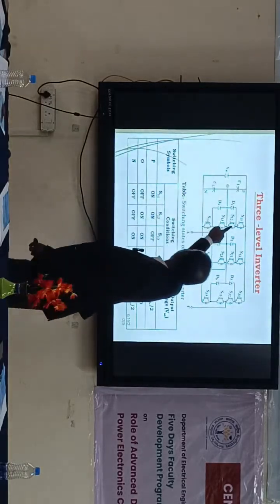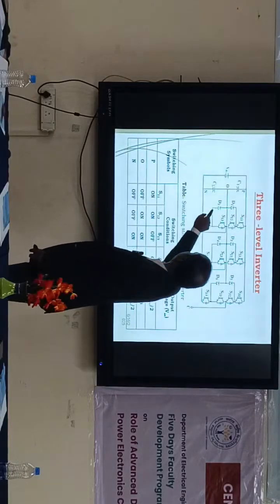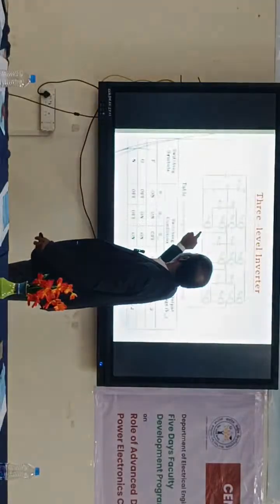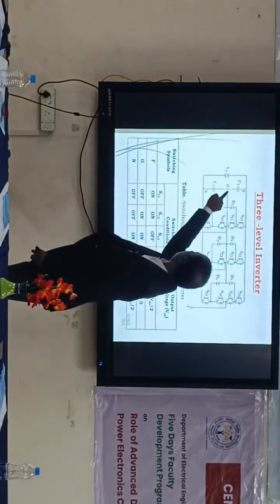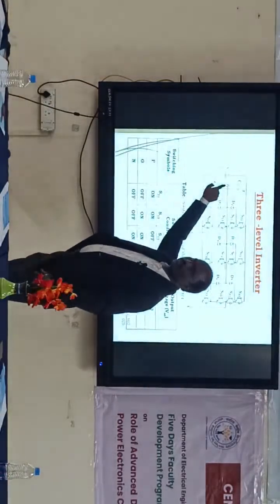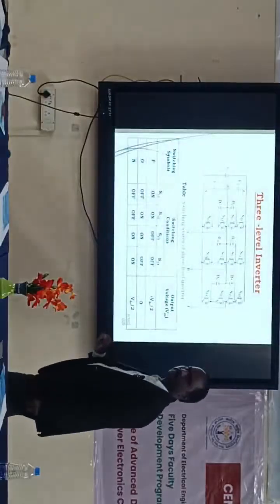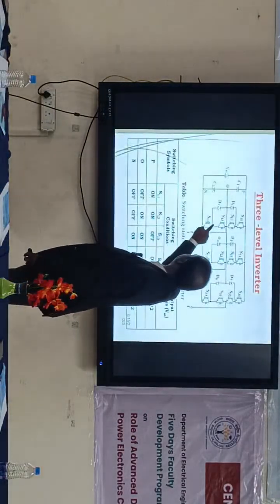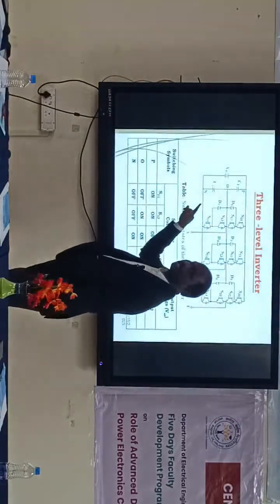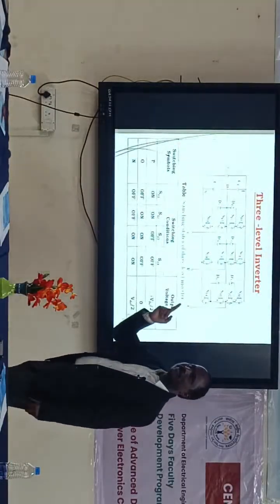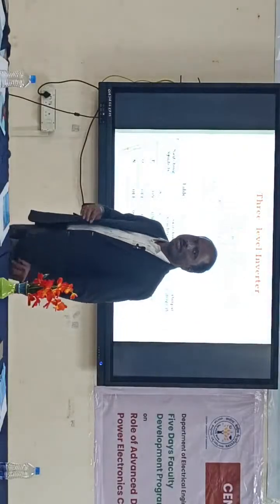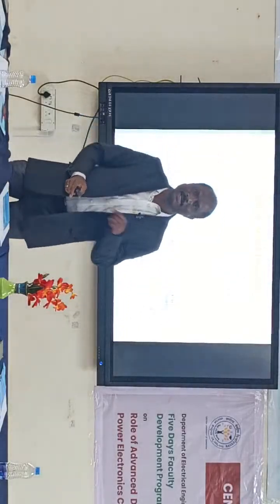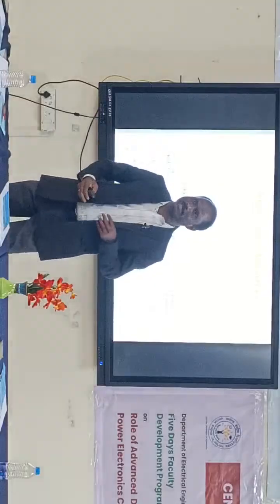When middle two are on, what is the voltage? Where is it connected? So it is here. When bottom two are turned on, it is connected this way. So what is the pole voltage? Minus VDC by 2. In the previous case I had VDC by 2 or minus VDC by 2, but in this case there are 3 combinations: VDC by 2, 0, minus VDC by 2.